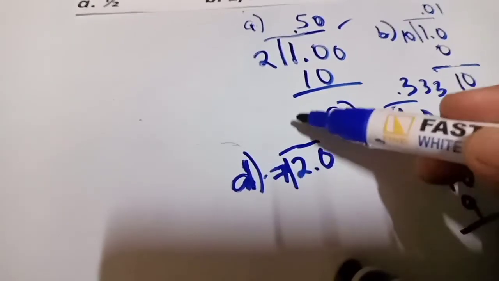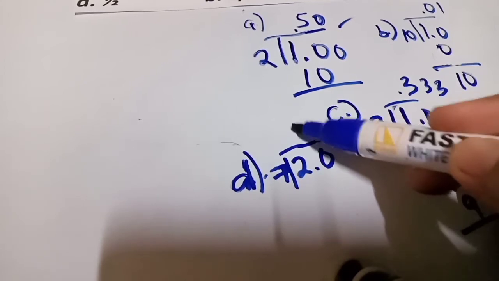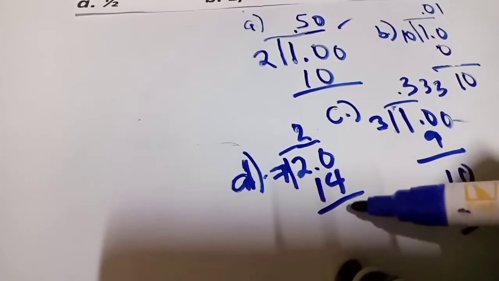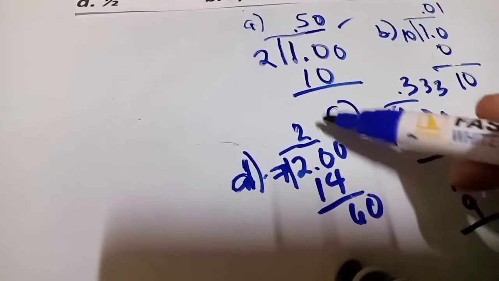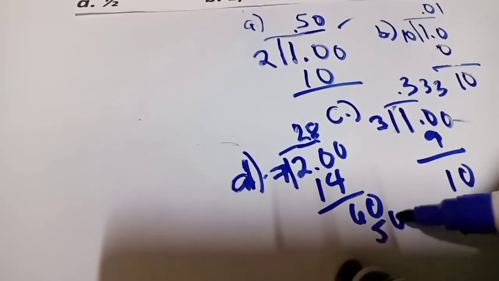We have 20, 2 times 7 is 14, so 14, we have 6, add 0. 8 times 7 is 56.